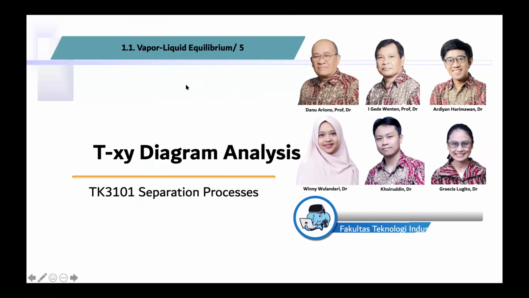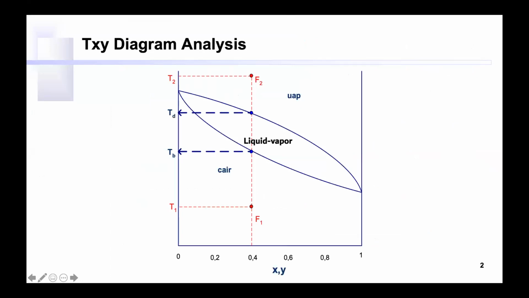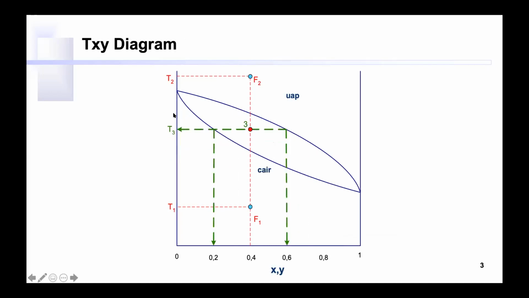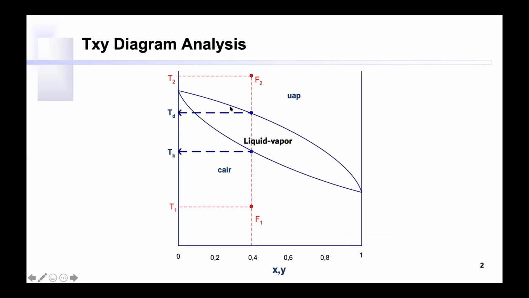Okay, so this one is the TX diagram analysis. Okay, can you see the full screen now? Yes, ma'am. Okay, now let's have a look at this diagram analysis. Okay, so let's say we have 2 feeds.